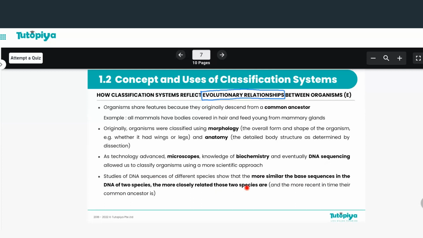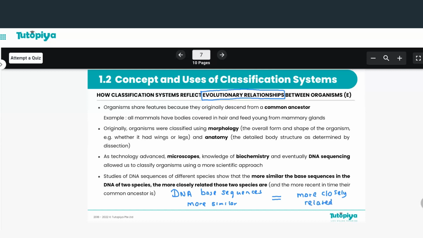So here's what is being done now. You are considering the DNA base sequences, and if the base sequences are more similar to one another, we say that these organisms are more closely related to one another.